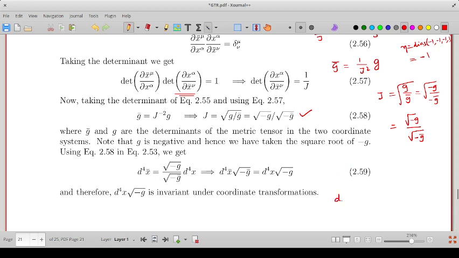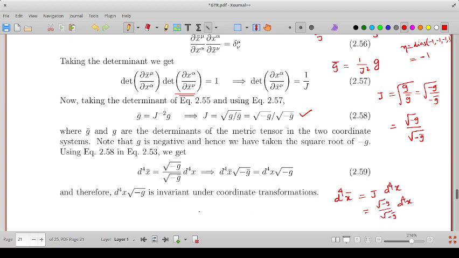Now we remember that d4x bar is equal to J into d4x. Now I can replace this J by this quantity. So that is equal to the square root of minus g by the square root of minus g bar times d4x.